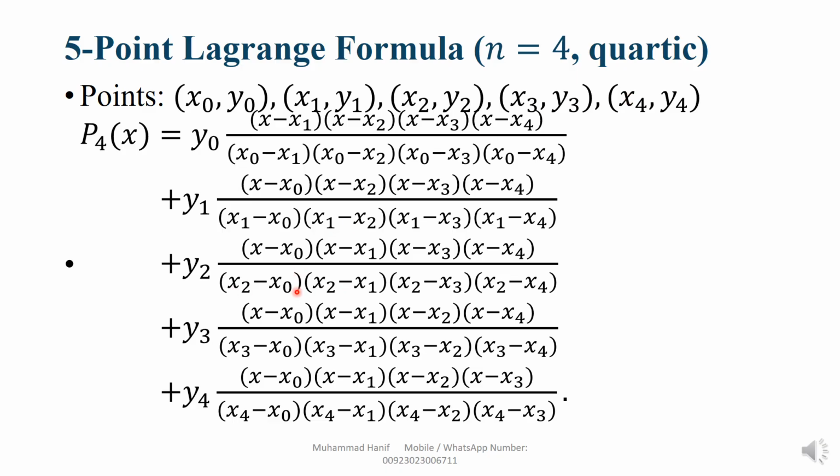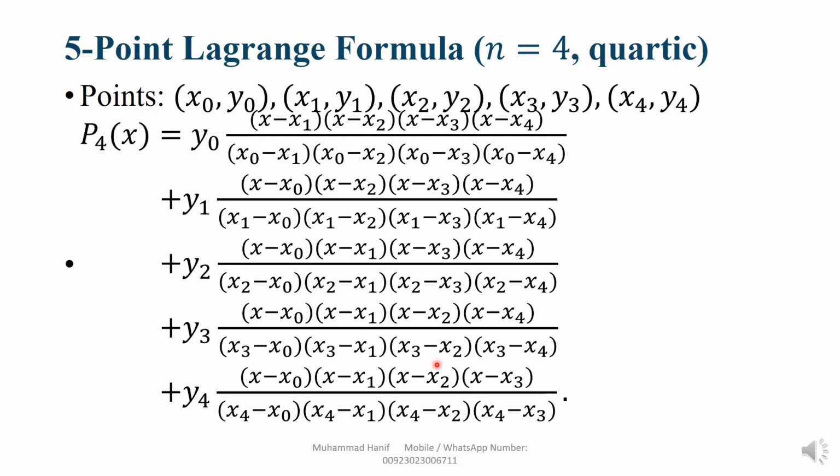We have used x2, then addition sign, we use this point y3, we write here, and we write x3. Same process, x3 minus x naught, x3 minus x1, x3 minus x2, and this x3 minus x4.